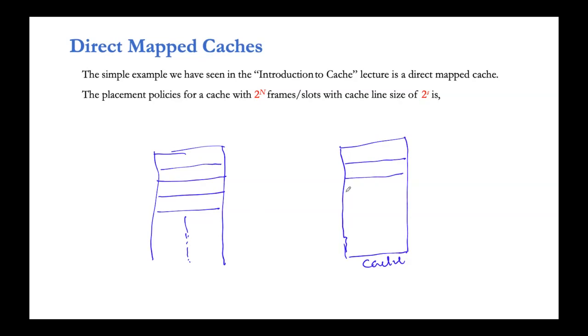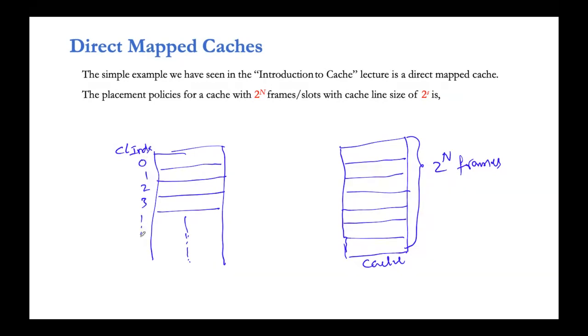Similarly, in your cache, you have the frames. How many frames it is going to generate? 2 to the power of n frames will be there. In the cache memory, as we said, the cache line uses the cache index, that is 0, 1, 2, 3, and so on.